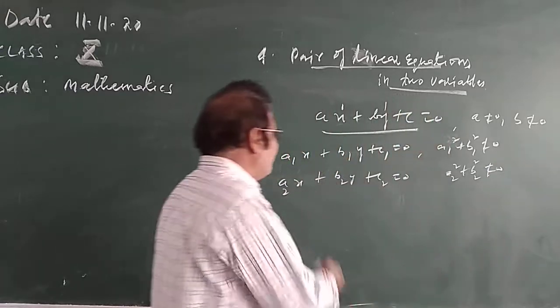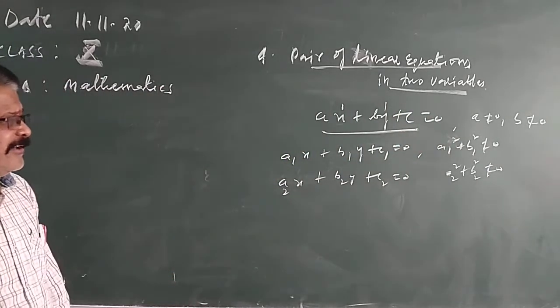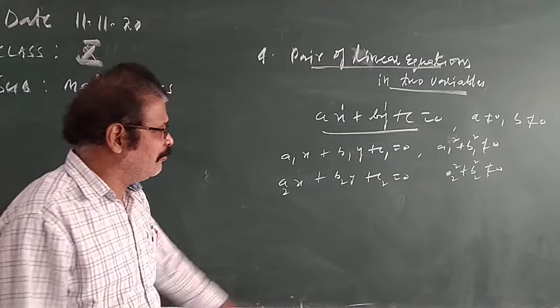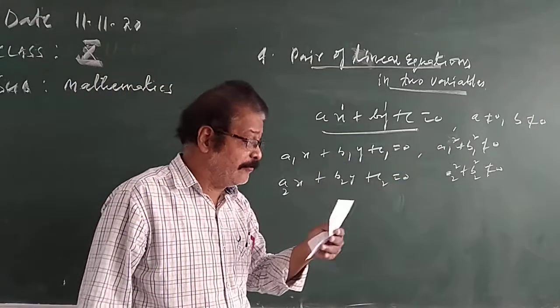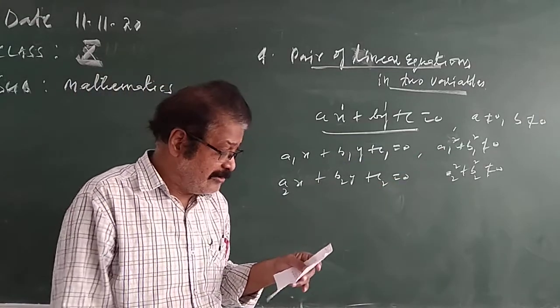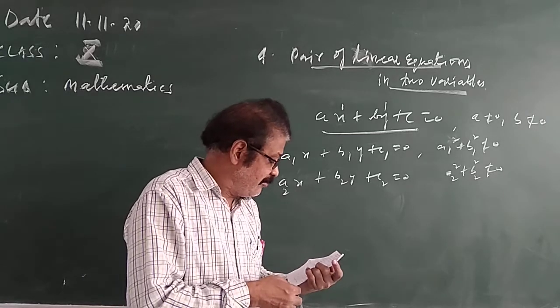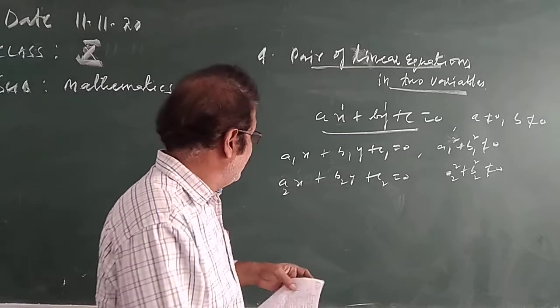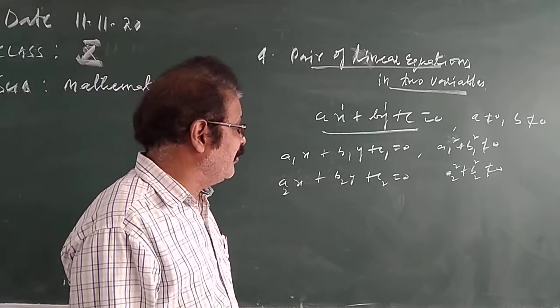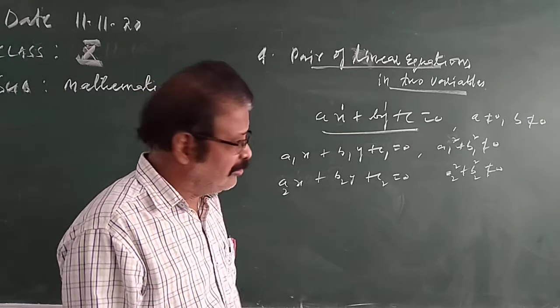This is a pair of linear equations in two variables. a1x plus b1y plus c1 equal to 0, where a1 square plus b1 square is not equal to 0, and a2x plus b2y plus c2 equal to 0, where a2 square plus b2 square is not equal to 0.